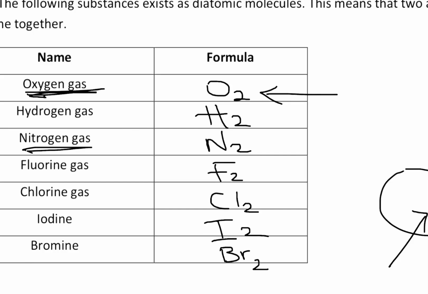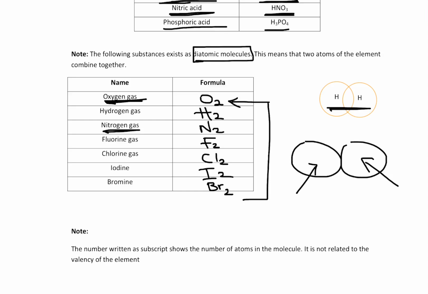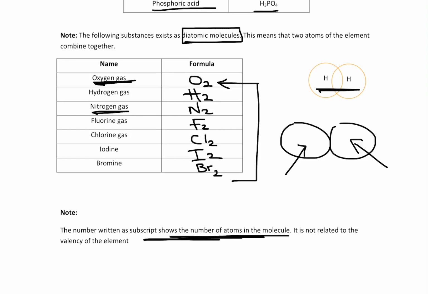All these exist as diatomic molecules in nature, which means that the atom does not like to be alone. The atom will combine with another atom just like itself. And the numbers written as subscript show how many atoms there are in the molecule.